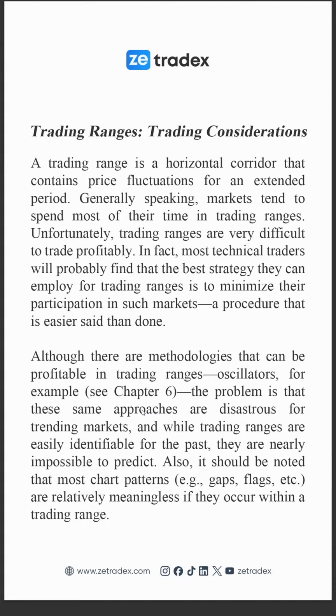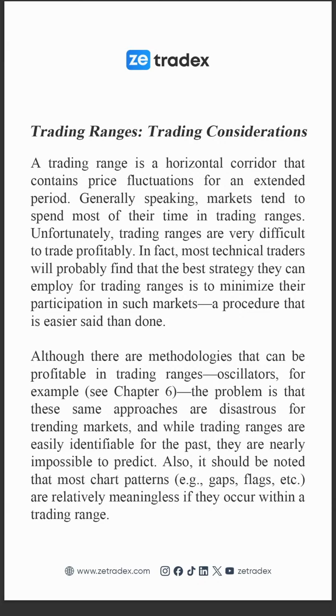Now, a trading range is a horizontal corridor that contains price fluctuations for an extended period because, generally speaking, markets tend to spend most of their time in trading ranges. Unfortunately, trading ranges are very difficult to trade profitably. In fact, most technical traders will probably find that the best strategy they can employ for trading ranges is to minimize their participation in such markets, a procedure that is easier said than done.